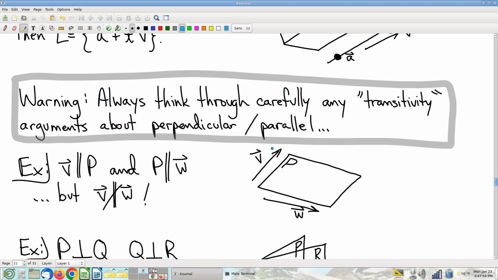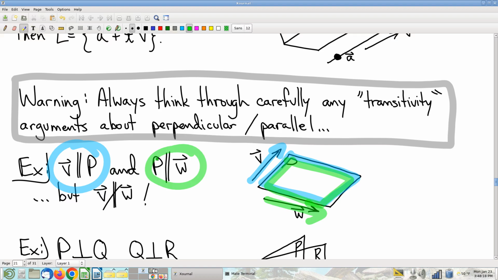For example, a vector parallel to a plane parallel to another vector: doesn't it seem like parallel to parallel ought to give you parallel? It really feels like it. If you're just looking at the symbols, it really feels like it ought to be. But look at the picture here. A vector parallel to a plane, the same plane now parallel to another vector.